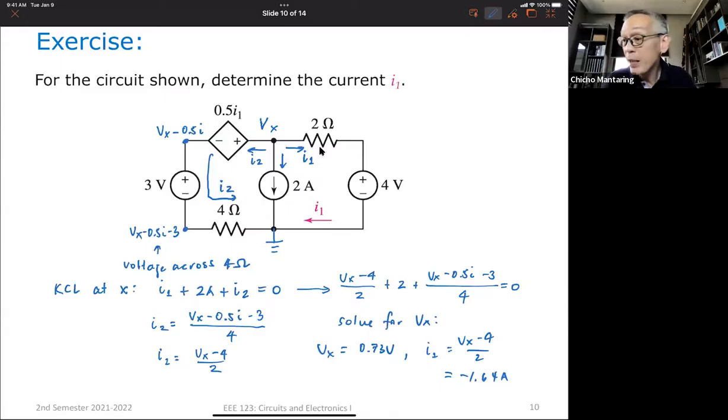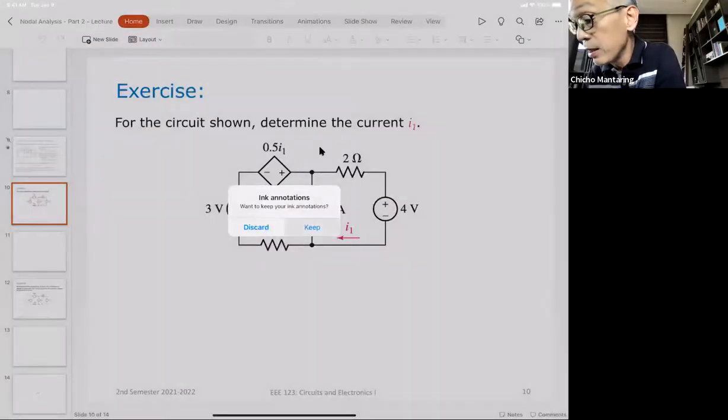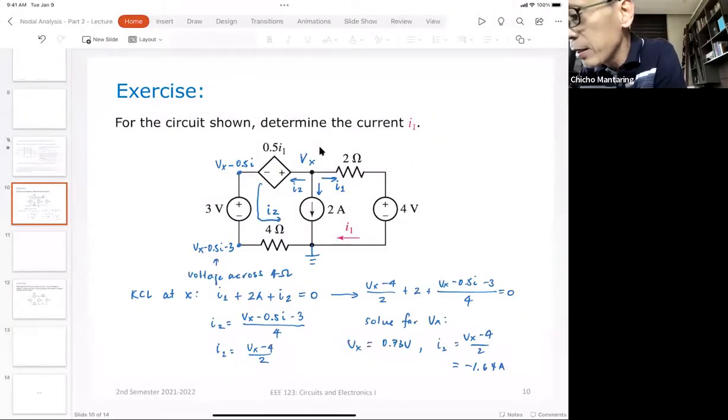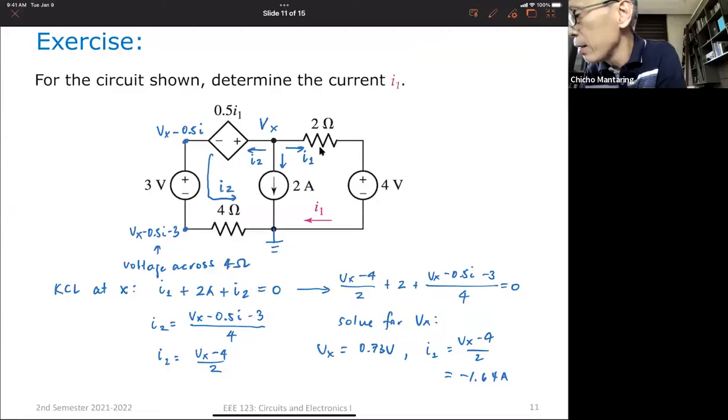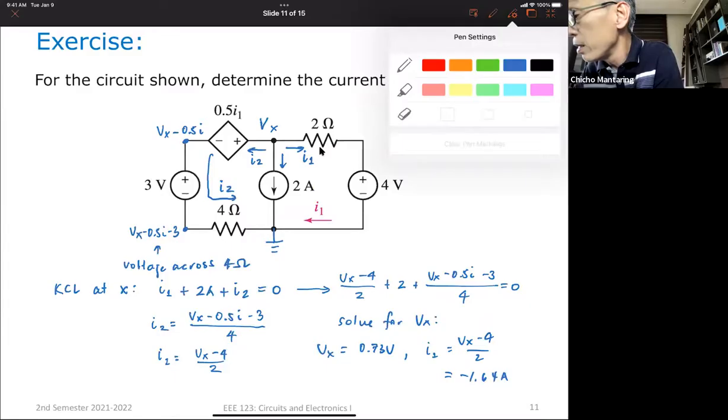Okay, someone said he wanted to apply supernode. There's no problem with doing that. In fact, some people might prefer to do that. Let's do that. Let me just duplicate this, and then I'll just erase it.